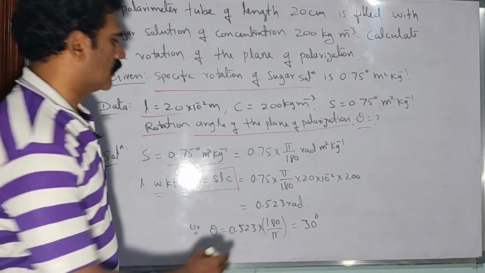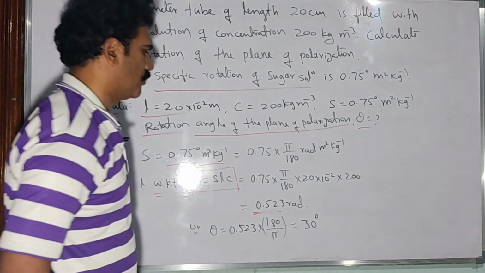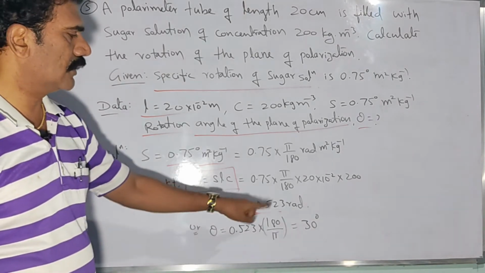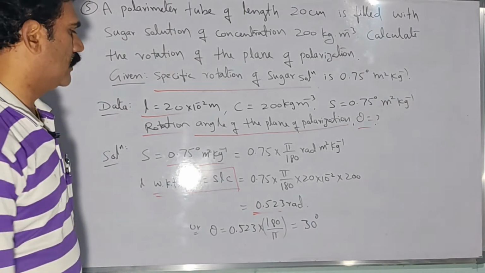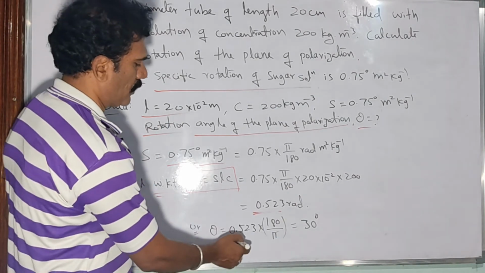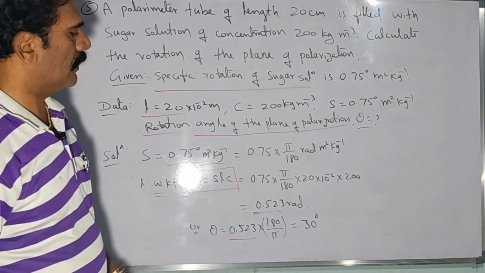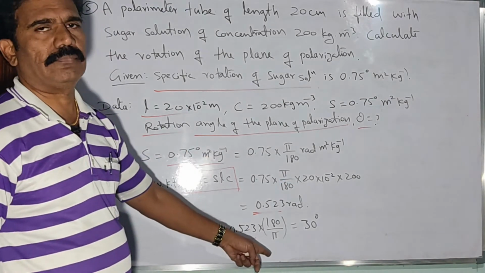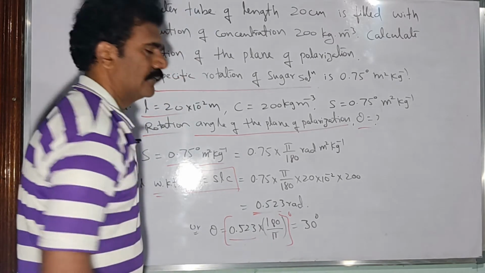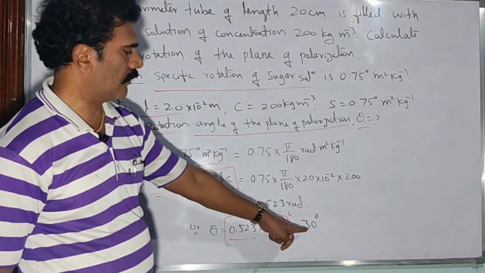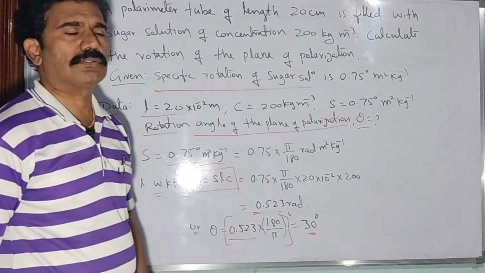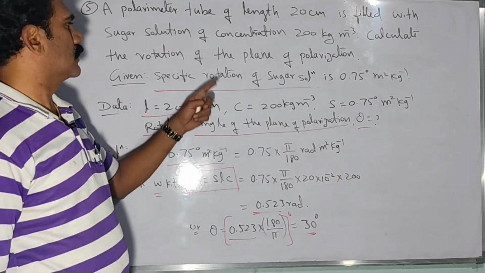Substitute and calculate, and you will get the value in radians, 0.523 radians. If you want, you can convert it to degrees again. To convert this value of theta into degrees, take this value 0.523 and multiply by the reverse, 180 by pi. This whole value will be converted to degrees. Calculate it, and you will get the value of theta equal to 30 degree. That is the answer for the given problem here.